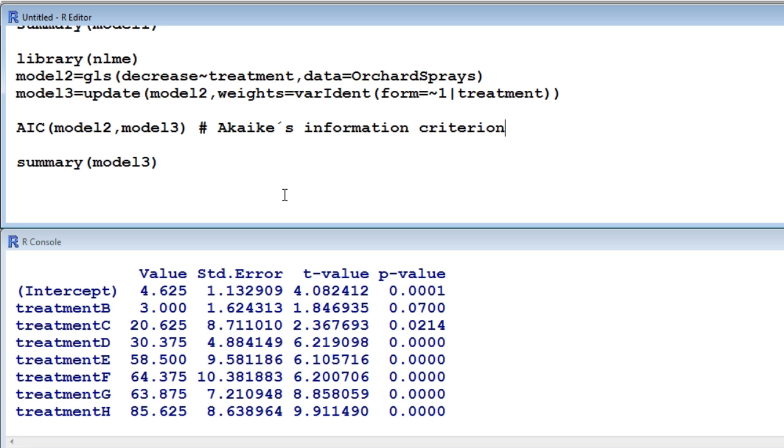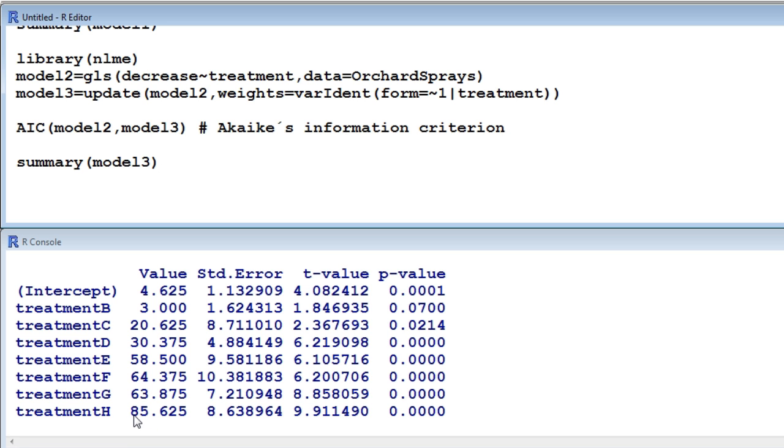So we've learned basically in this session up to now two things. First of all, we've learned how to interpret these parameters here. So we know that this is the intercept for treatment A. This is the difference in intercepts between A and B, and so on. So this one down here, what is H?